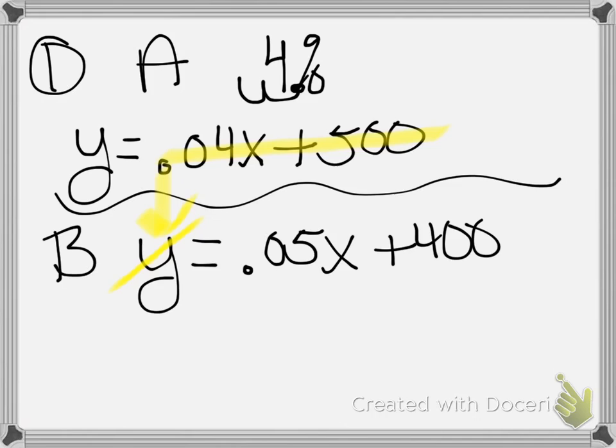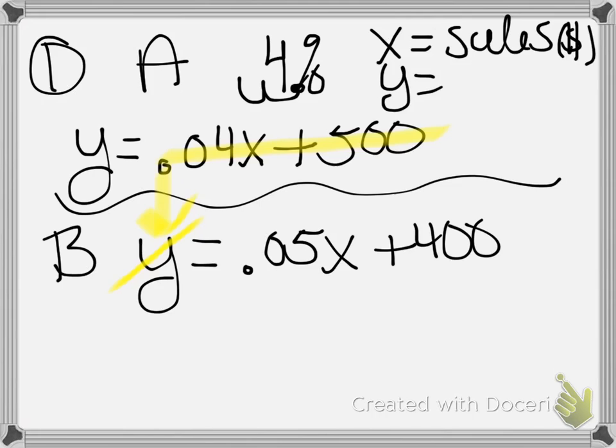And one little piece I forgot to mention is we also want to define our variables. So since we have 0.04 times x, well, we get 4% on sales. So x is the sales that Danny makes, and that's dollars. And then y is going to be what he actually makes, his salary, also in money.